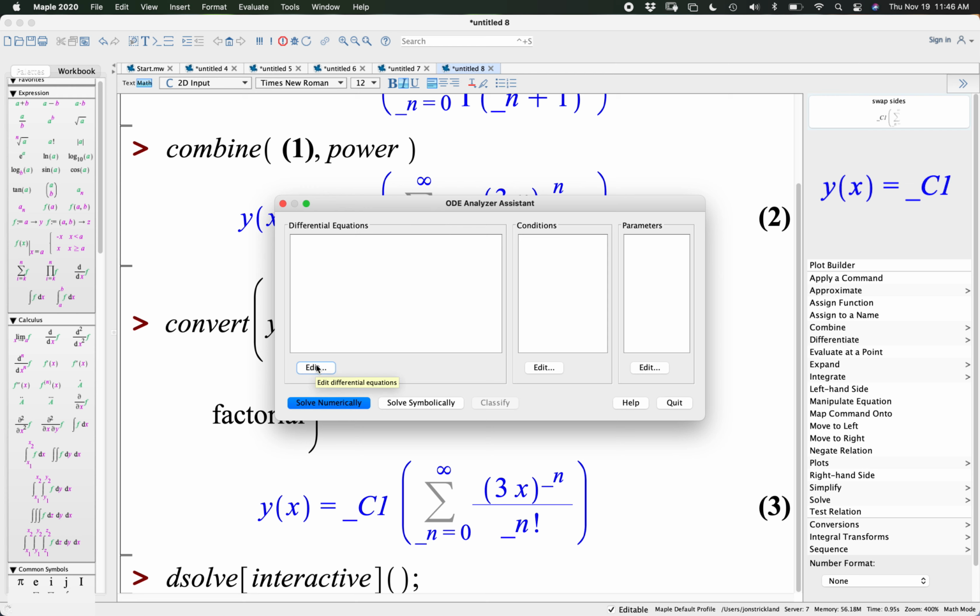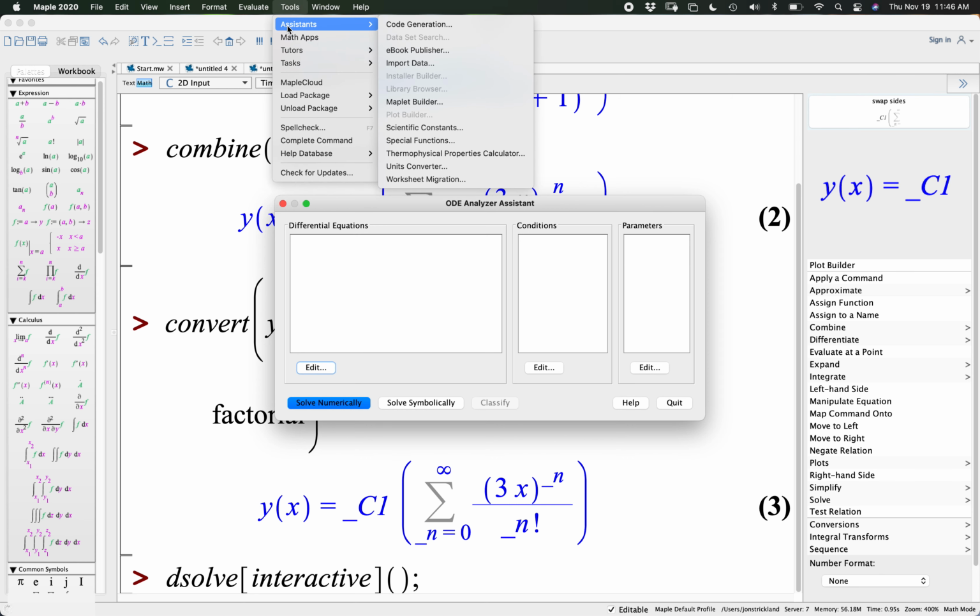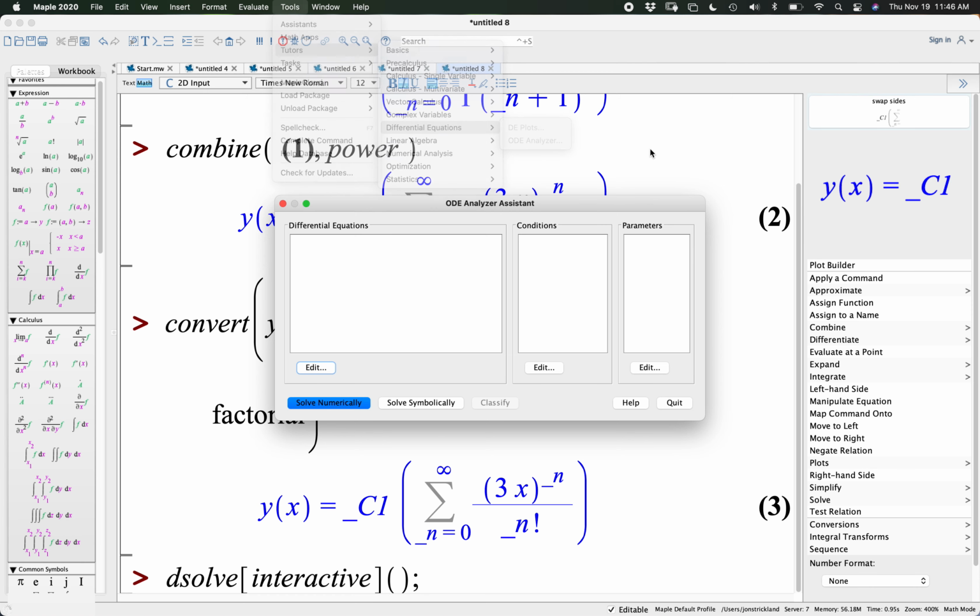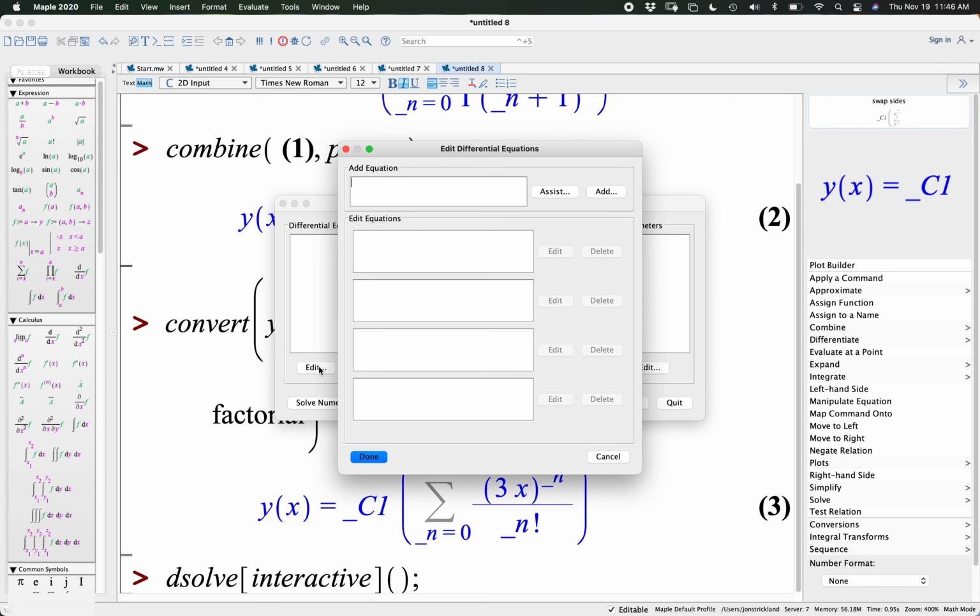So again, tools, tutors, but it's for the older models to see the other pathway. In 2020 it is tutors, but the other one was assistants. But tutors, you got differential equations, ODE analyzer. So I got this table on display. Now in terms of editing, go to assist.